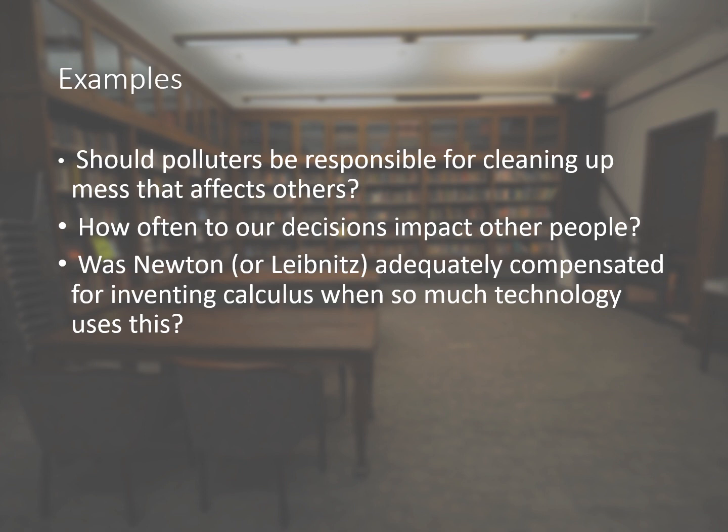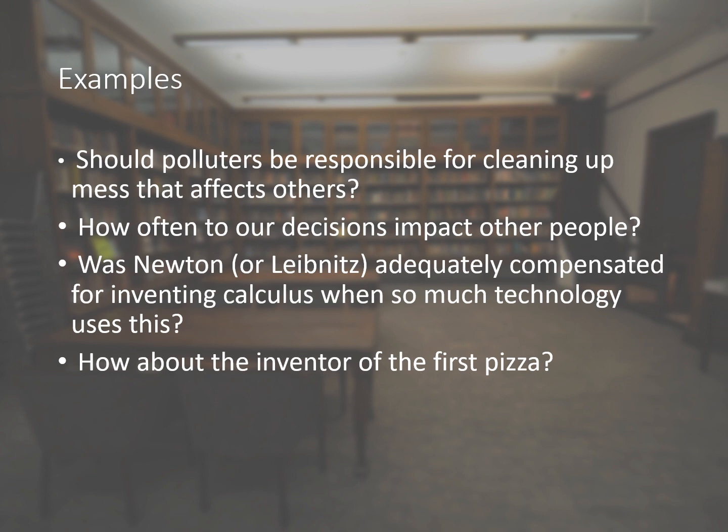Was Newton or Leibniz adequately compensated for inventing calculus, considering that almost everything that we use today requires calculus? How many billions, if not trillions of dollars were made on the backs of Newton and Leibniz? Were they adequately compensated for this? And what about the inventor of the first pizza? Was that person adequately compensated?